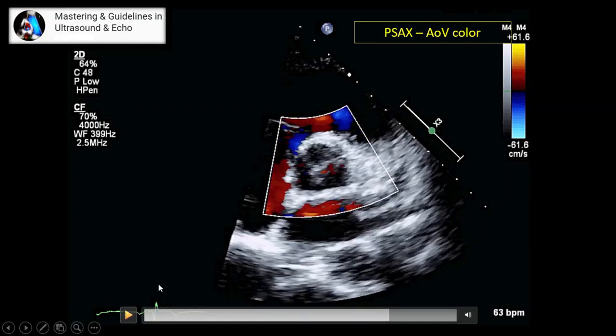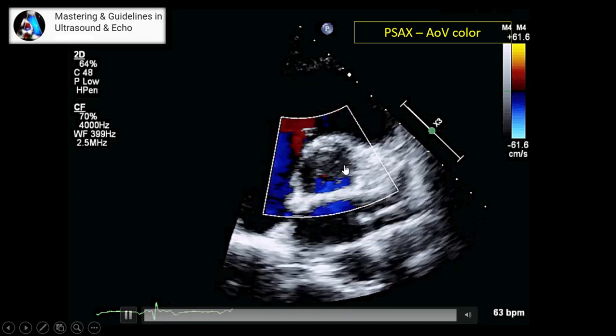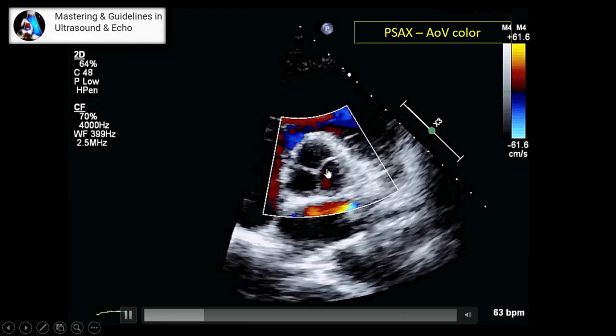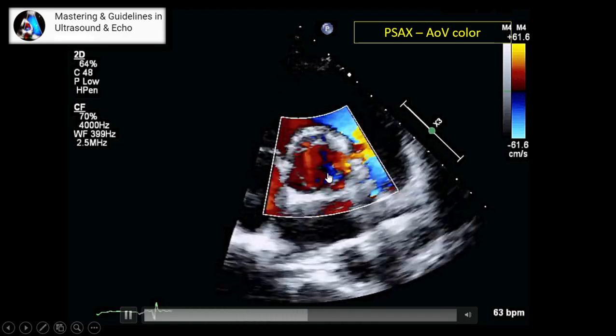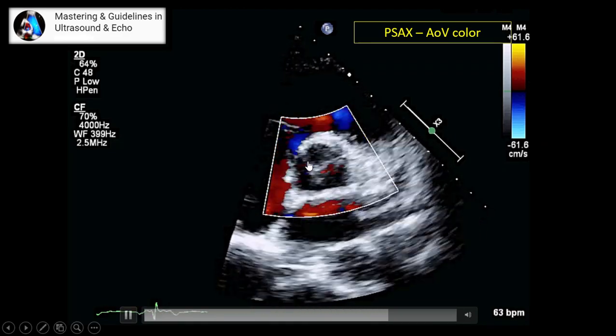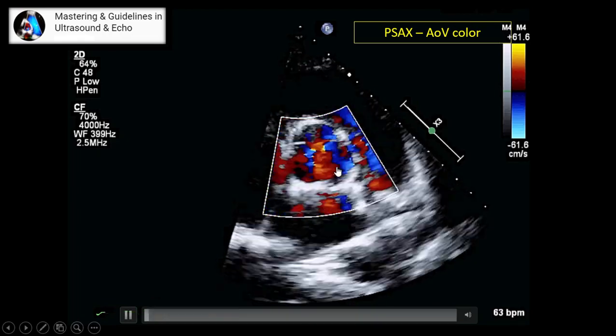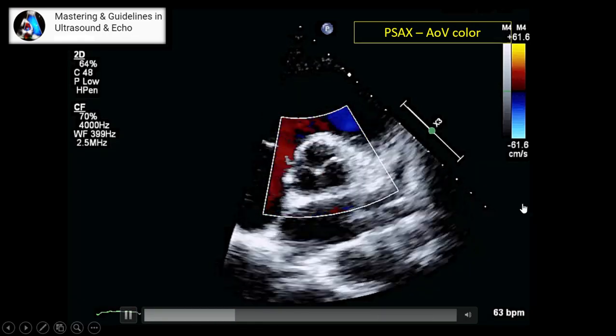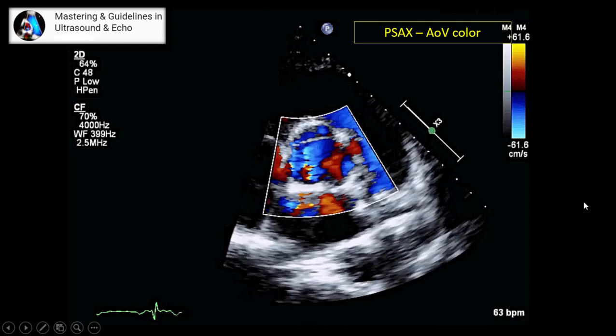What does that mean? It means when those three cusps are closed. If you look at this patient, there is a trivial, very teeny jet during diastole when closed. A very small blood flow you will see here at the center of the coaptation of all those three cusps. So we can catch any jet if there is one.